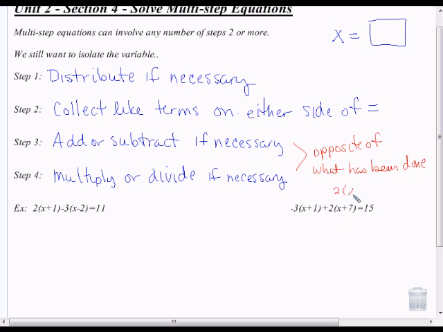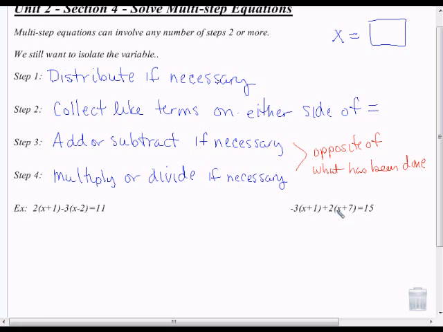If it was 2 times x plus 7, you could collect your like terms first, but you probably won't see that very much. You're more likely to see x plus 7 minus 5 or something like that with two numbers, but even then, usually inside the parentheses on a problem that you're having to solve, you just have an x term and a constant.